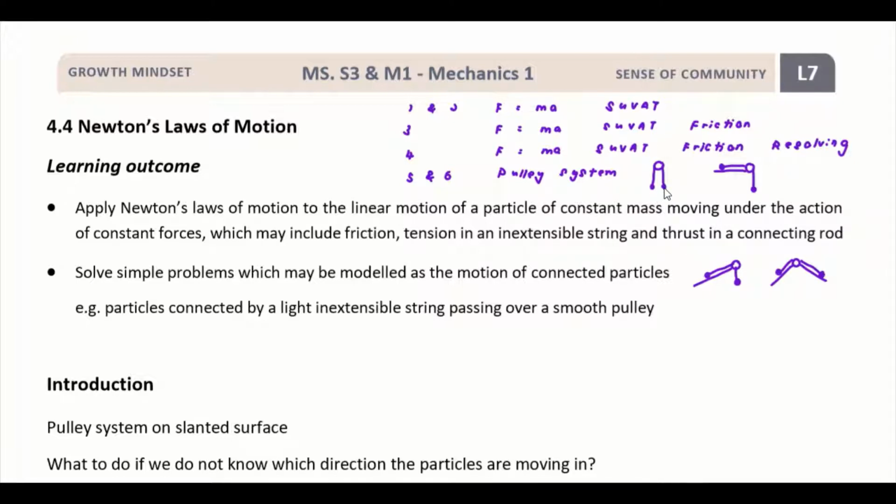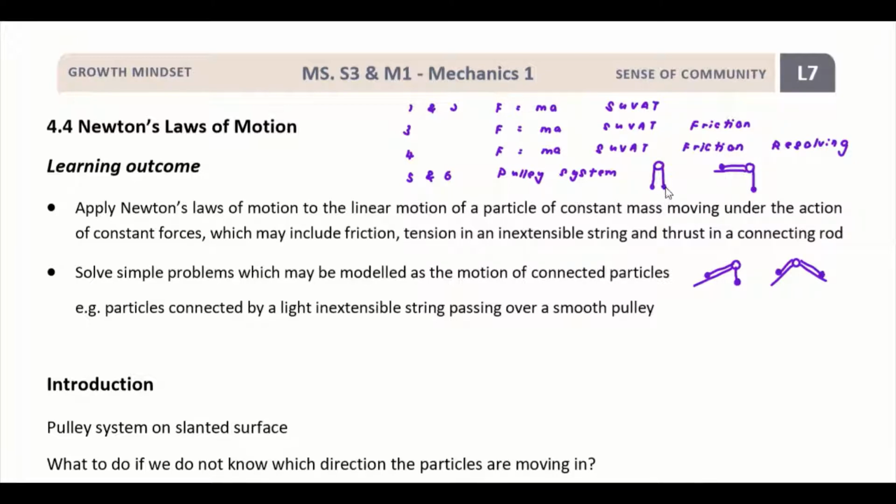So we do not take into consideration air resistance, and there's no contact of the particles with any surface, so you don't have the normal reaction and you do not have friction. So it's very easy for us to identify which direction the particle will move in.